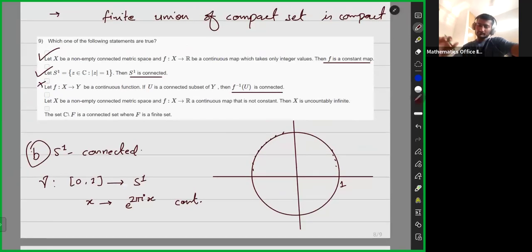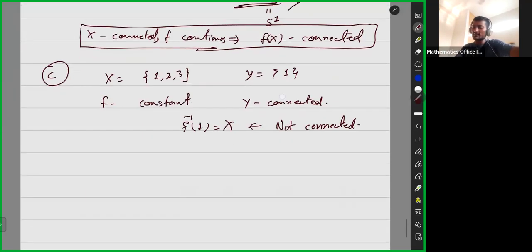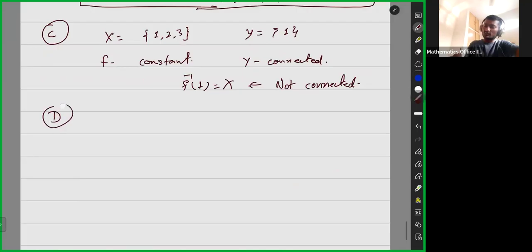So what about D? X is a non-empty connected metric space, and there is some continuous function from X to R that is not constant. Yeah, there are two points in the image. So X has two points. If X has two points, it has uncountably many points. If they are in different images, their image is different. So let me write the whole thing.